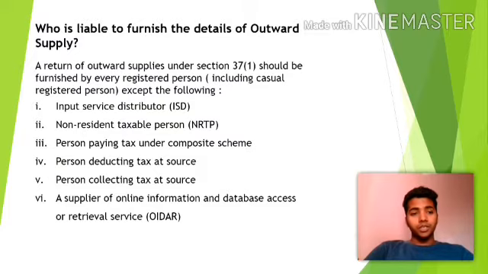The return of outward supply should be furnished by every registered person including a casual registered person, except the following persons: input service distributor, non-resident taxable person, person paying tax under composition scheme, person deducting tax at source, person collecting tax at source, and a supplier of online information and database access or retrieval service.